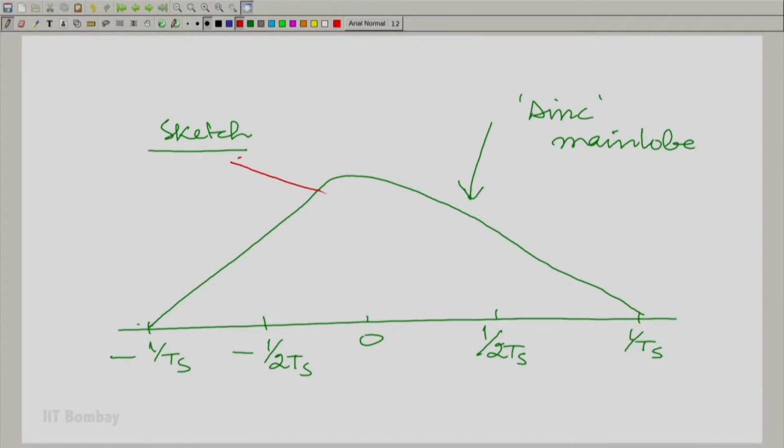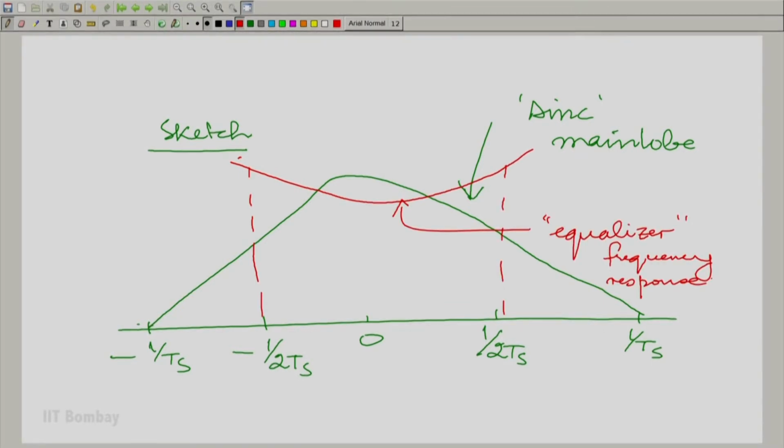Let me show it to you in red. It would go to a maximum at the edges. Now, of course, you can see that if you carry this all the way up to 1 by Ts and minus 1 by Ts, it will go to infinity. So, that means nothing. So, you see that equalization has a meaning only in the signal band between minus 1 by 2Ts and plus 1 by 2Ts. Beyond that, anyway you have aliases, so you want to throw them away.